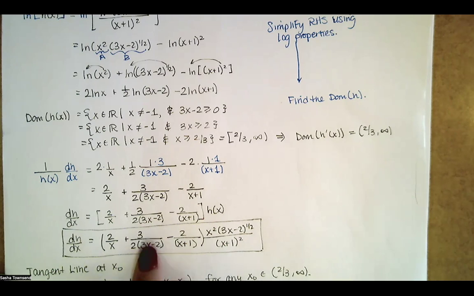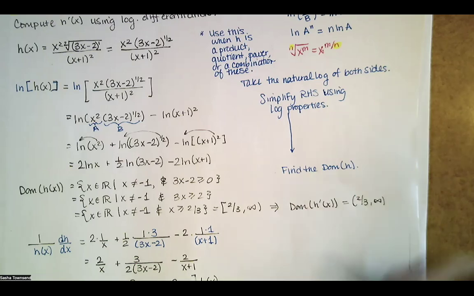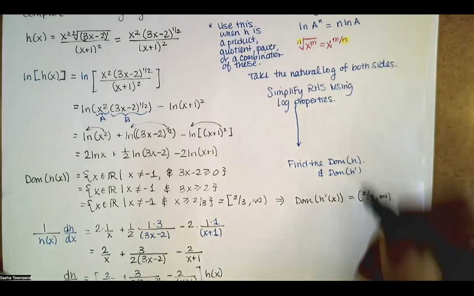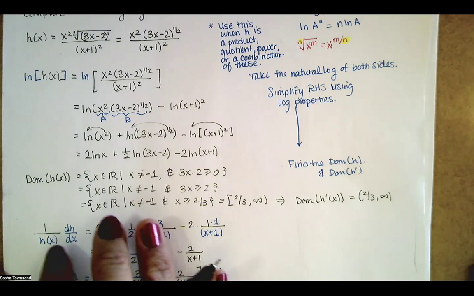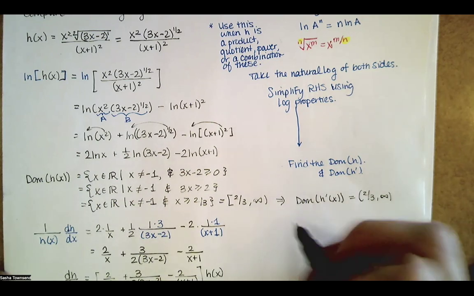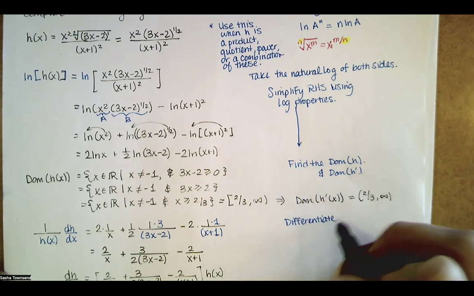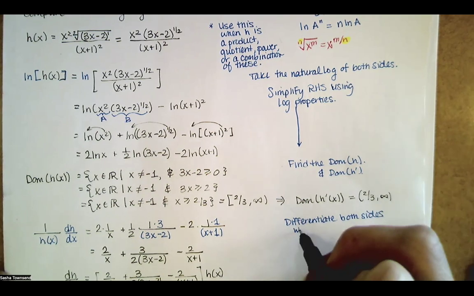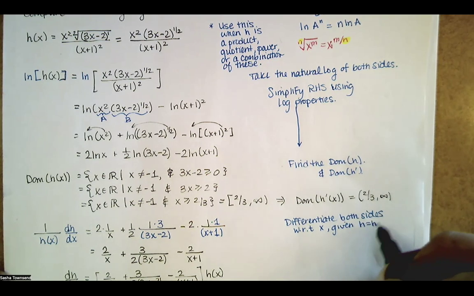So that will be undefined when x equals 2/3. We found the domain of h, and we inferred the domain of h prime. And then we computed an equation involving dh dx by differentiating implicitly on both sides with respect to x, given that h is a function of x.